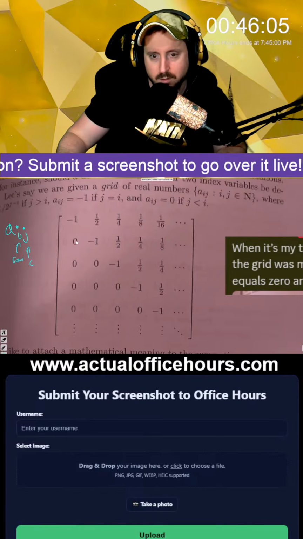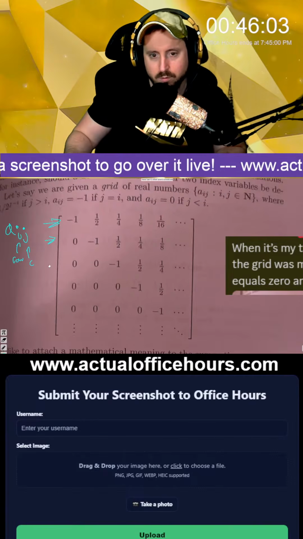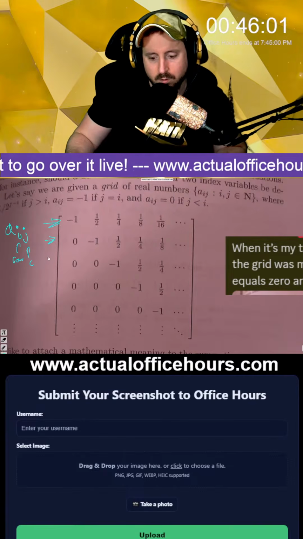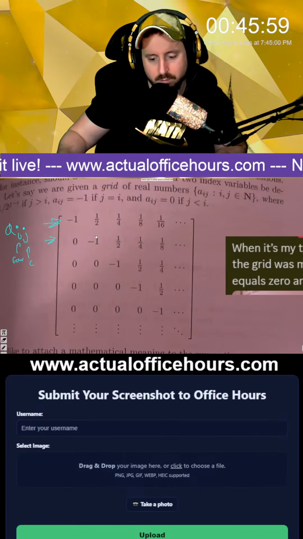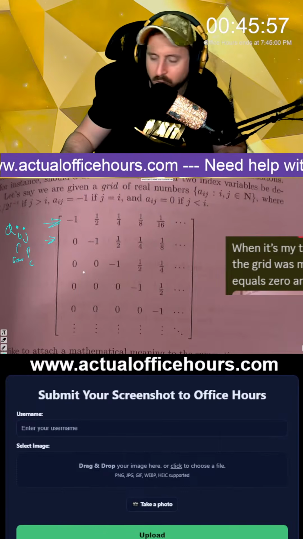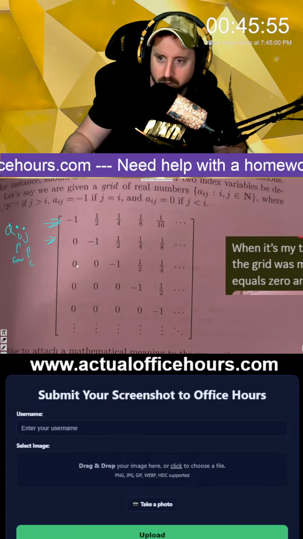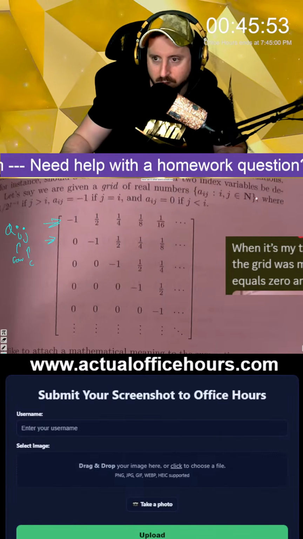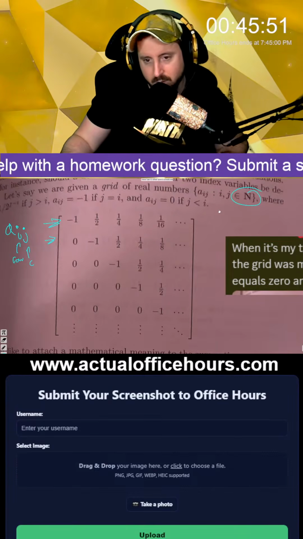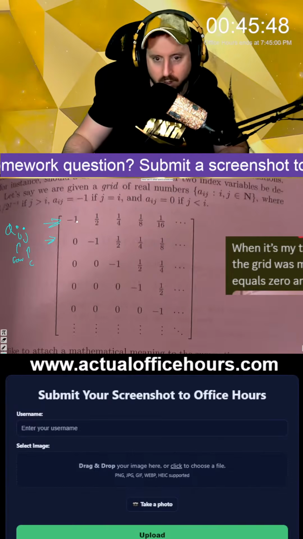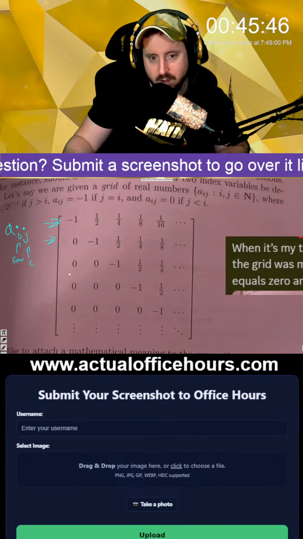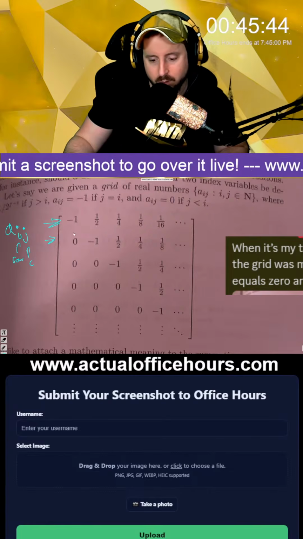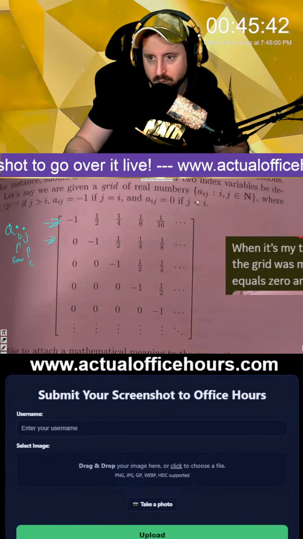Okay. So these are the rows. If you're in column 1, because 0 is not included, anything that has a row greater than 1 becomes 0, right?